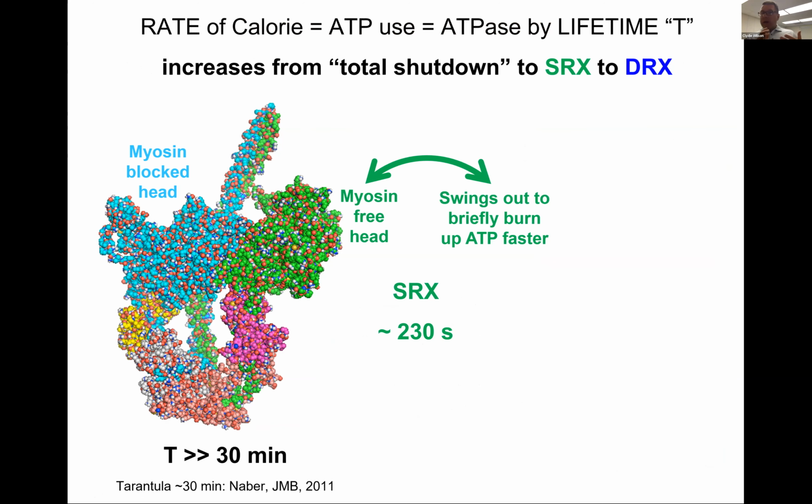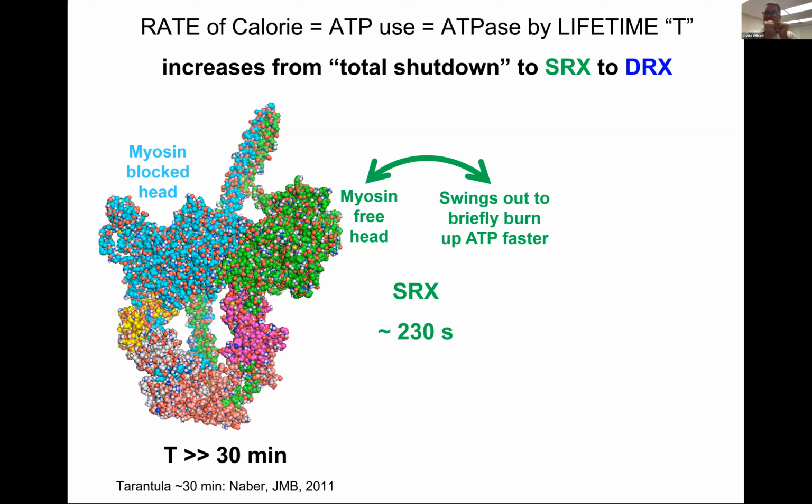In species like tarantula, where they lie in wait for days at a time waiting for food and could starve to death if they didn't have a way of shutting down muscle to the extreme extent, the superrelaxed state of burning fewer calories is in this interactive heads motif, as it's referred to, or IHM.